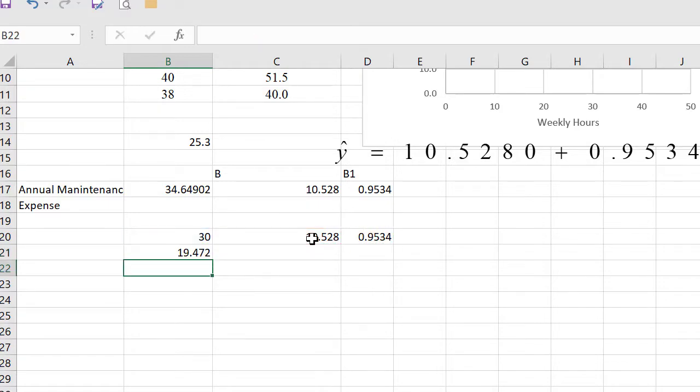If I subtract that from this equation, I'm left with 9.534 times X. Then to solve for X, I divide both sides by 9.534.